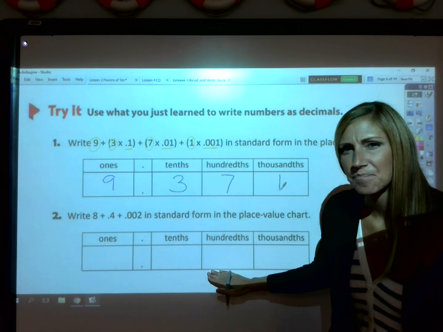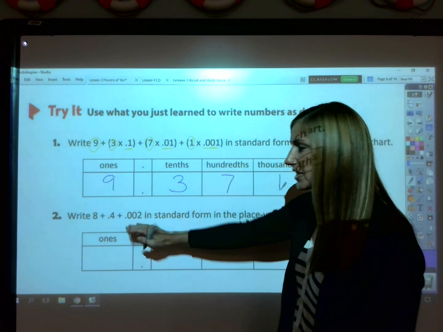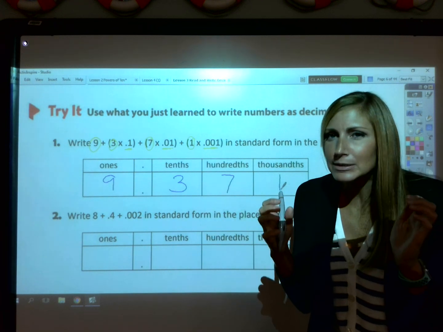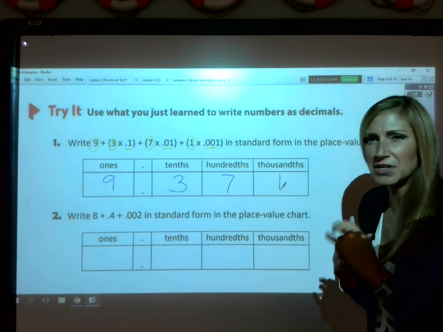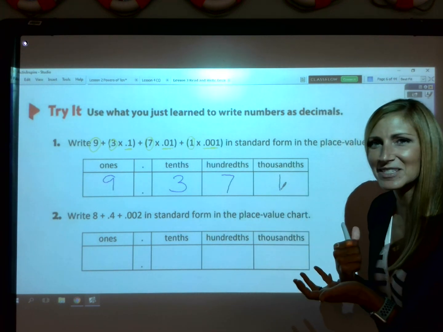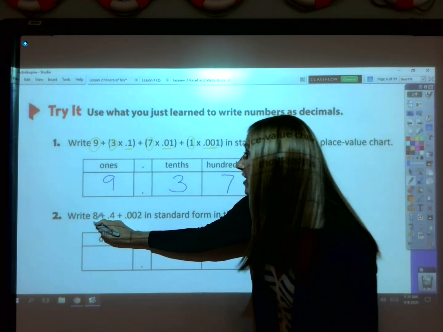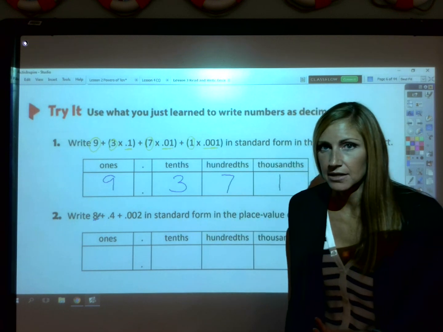Try this one now. Take a look at how it's expanded. It's not ripped. It's just a little expanded, write this one in. Well, what number would this be? So I see that if I just have an 8, what place value is that in?